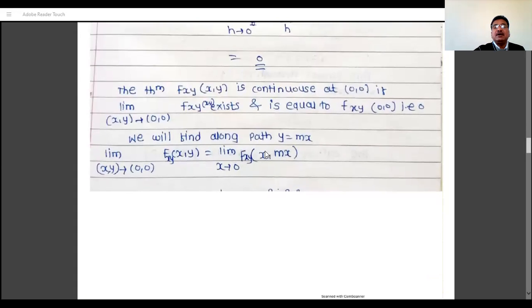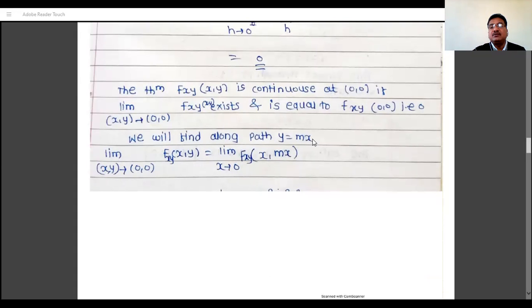So take y equal to mx as the path. There is a theorem that fxy is continuous at 0 0 if the limit of fxy as xy tends to 0 0 exists and is equal to fxy 0 0. Okay, so find the limit of fxy as xy tends to 0 0.